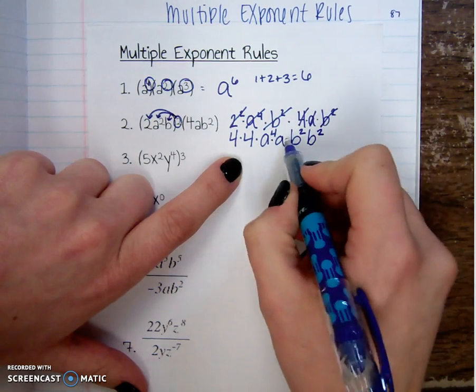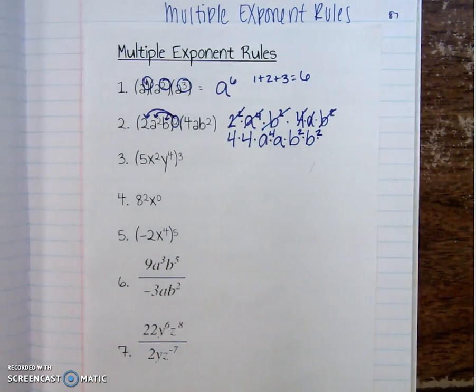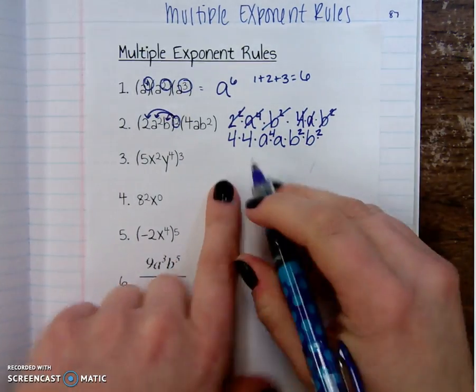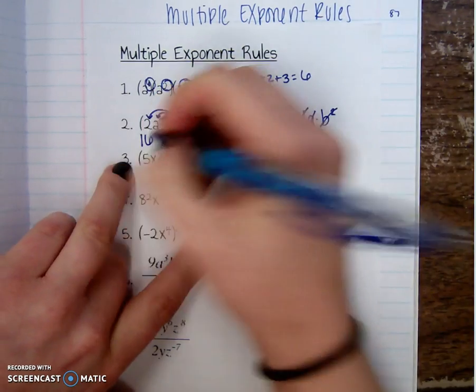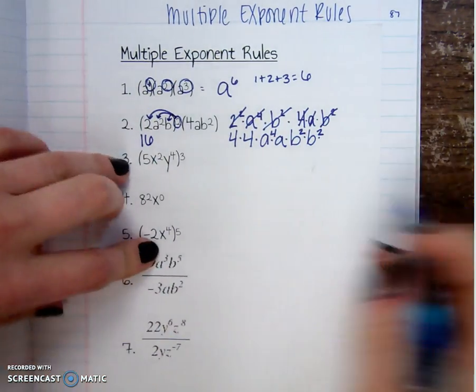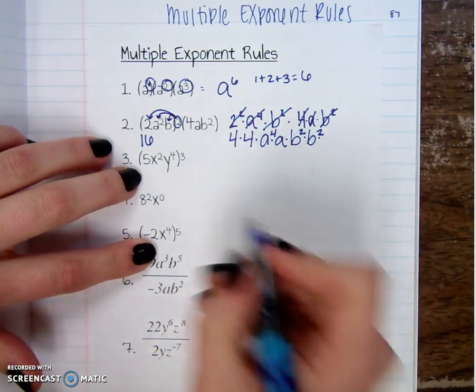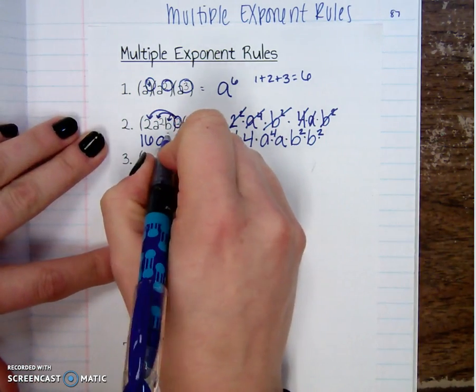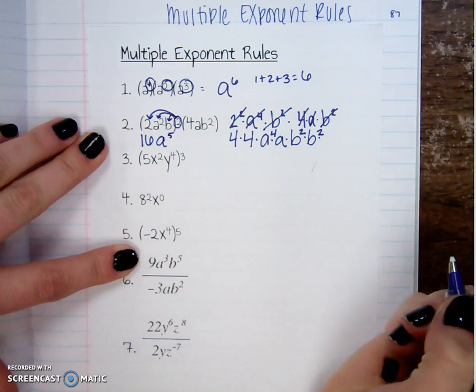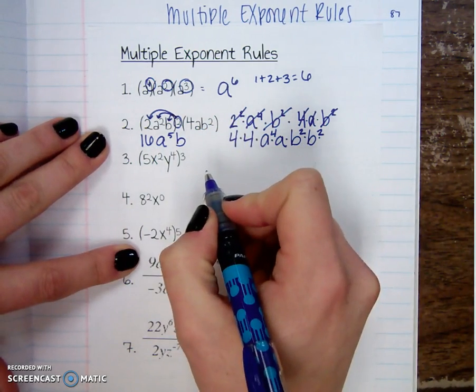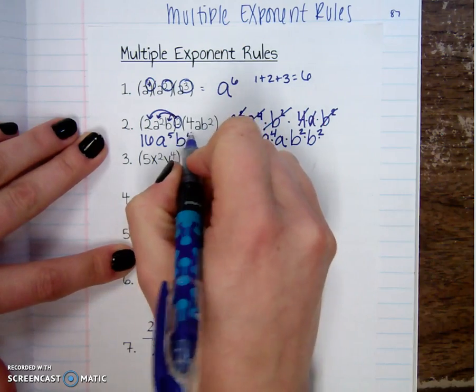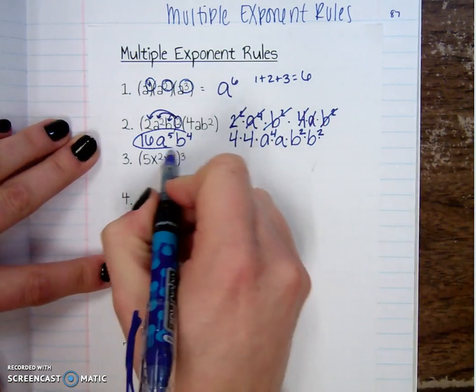And all of this is being multiplied together. So apply your product rule here as well. 4 times 4 is 16. a to the 4th times a to the 1st, add your exponents, a to the 5th. And then b, add your exponents. 2 plus 2 is 4. And that's your final answer.